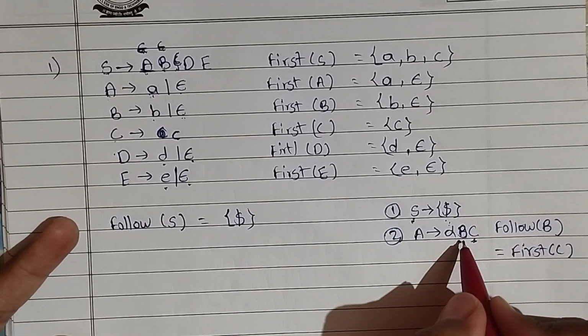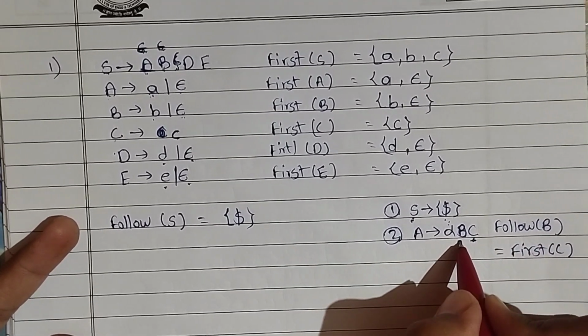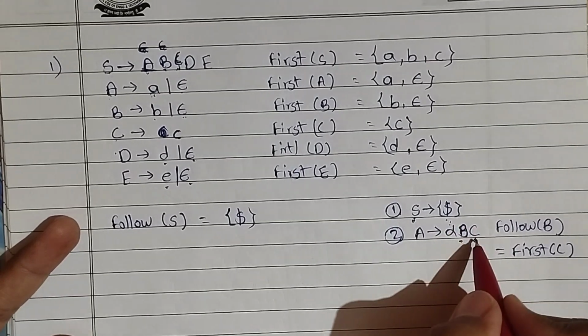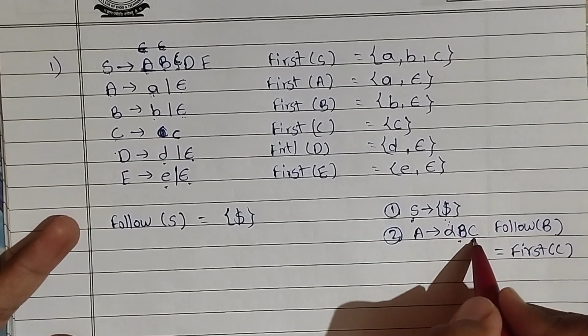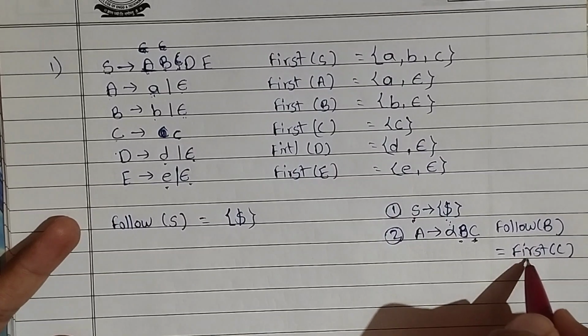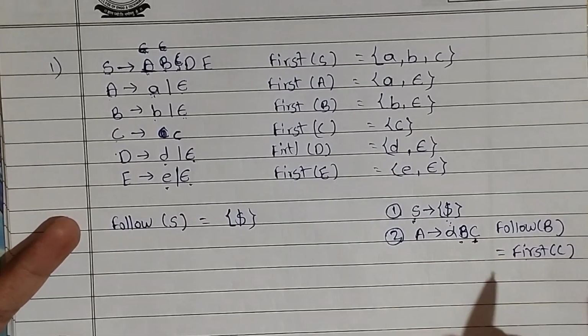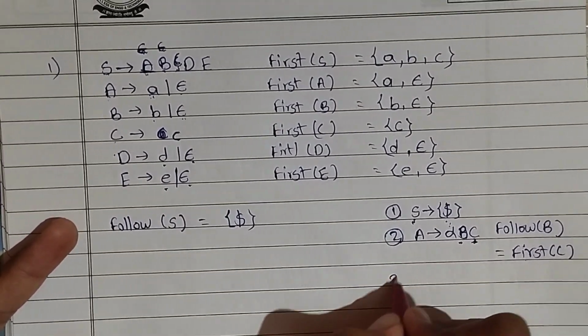So here we want the follow of B, but B is followed by capital C, which is a non-terminal, so we find the first of this non-terminal. This is the second rule.